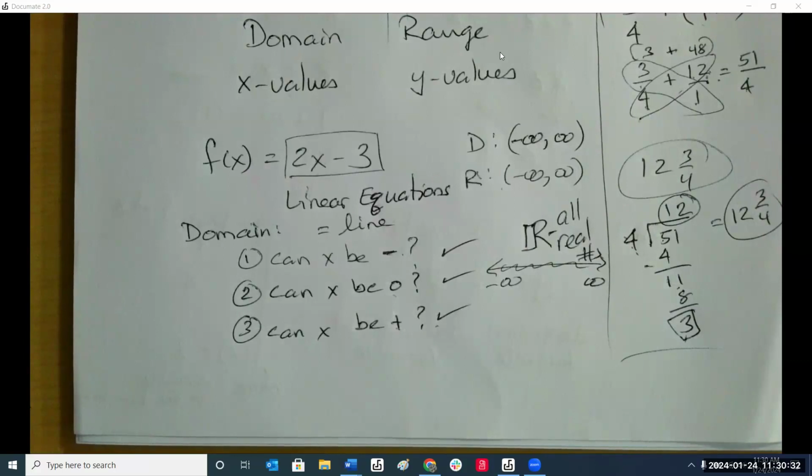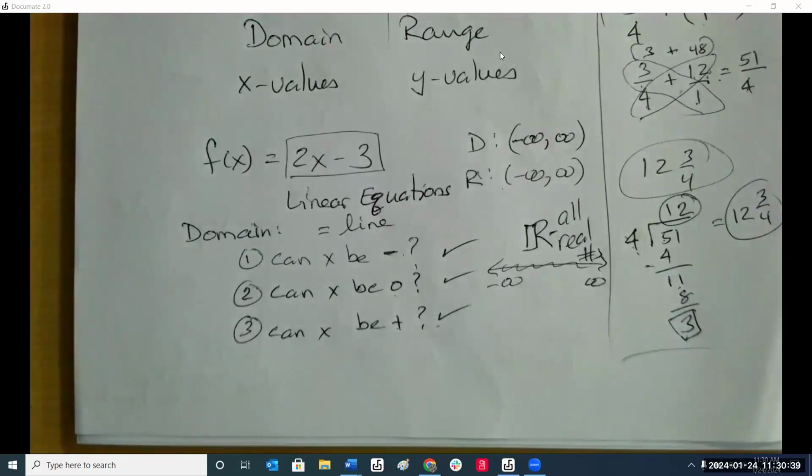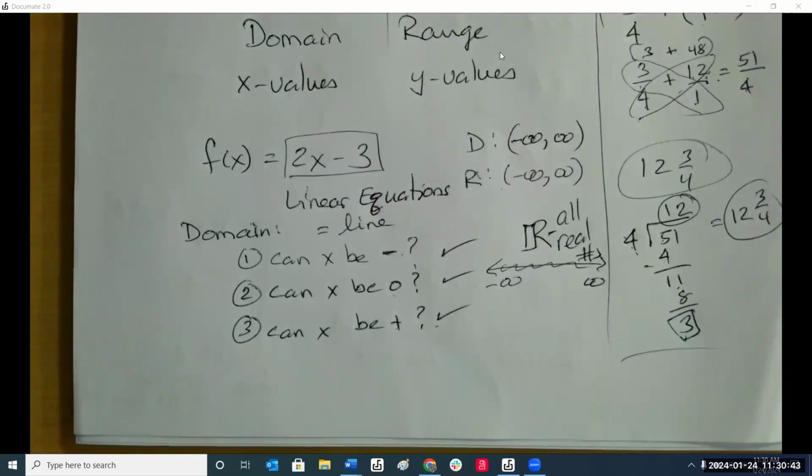How do we know it's a linear equation? By looking at it. X has no special operation to it. X is not on the bottom. X does not have a square root, a square, an absolute value. X is just X. That means it's a linear equation.